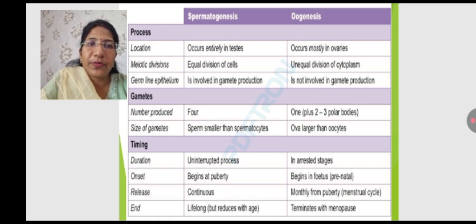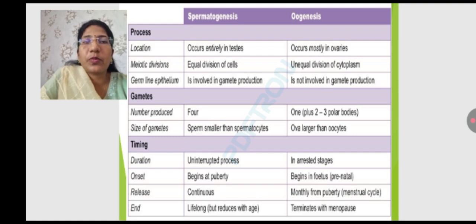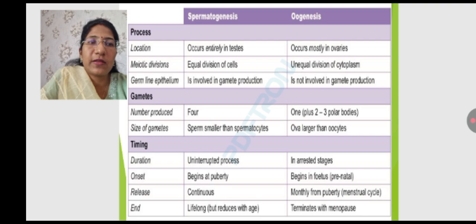The release of sperm is continuous, and in oogenesis it is monthly from puberty in the form of the menstrual cycle. And lastly, the end: spermatogenesis is lifelong, but the quantity or number is reduced with age, and oogenesis terminates with menopause.